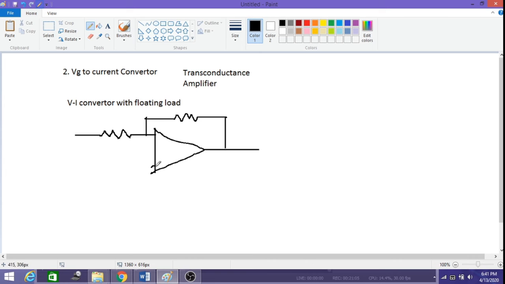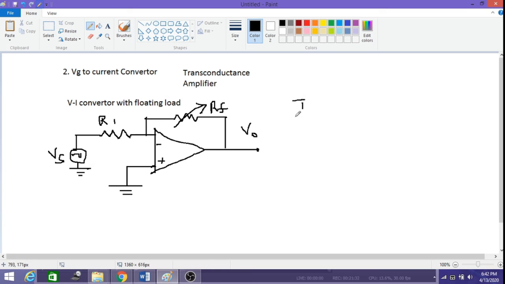The non-inverting terminal is connected to ground, and here we will be connecting a sinusoidal input, that is Vs, and this is R1, and here this feedback resistor is a variable resistor, the feedback variable resistor, so V0.